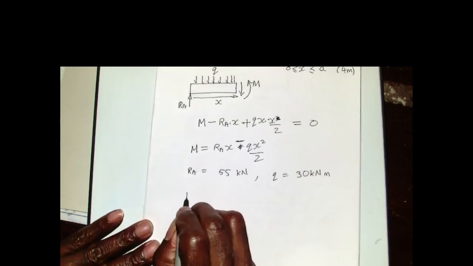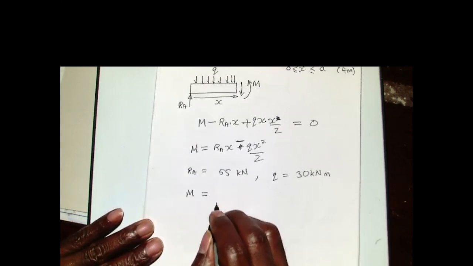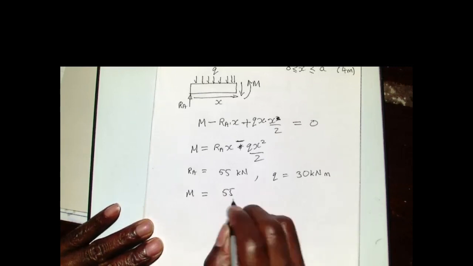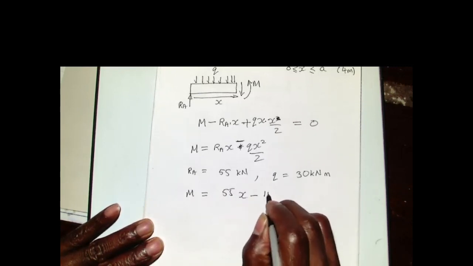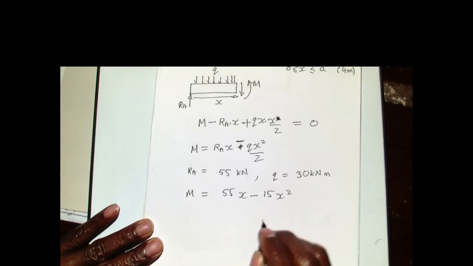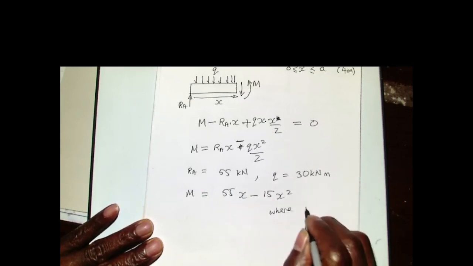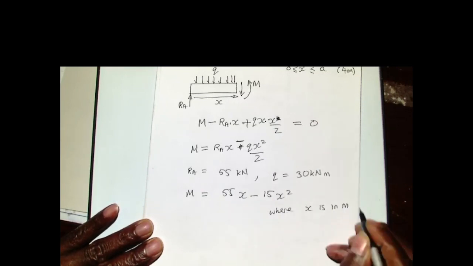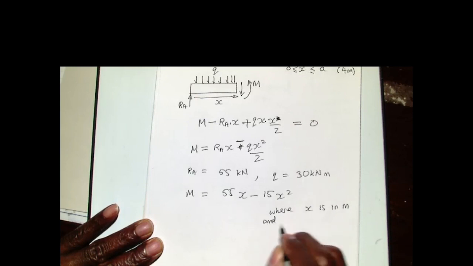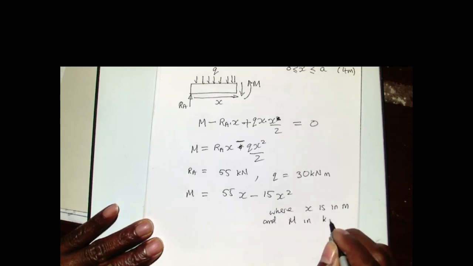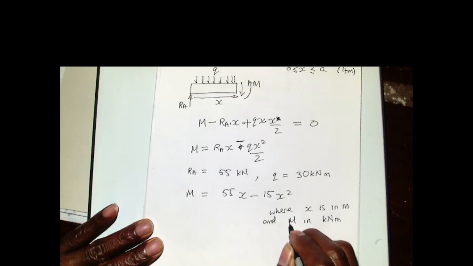So I'll put them in, and I'll find out that M is 55x minus 15x squared, where x is in meters and M in kilonewton meters. Because we put our load in as kilonewton, the moment must be in kilonewton meters.